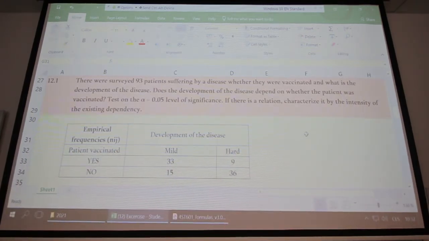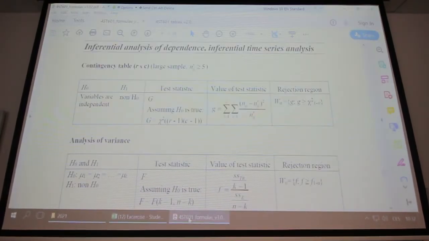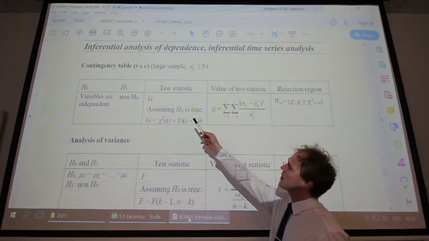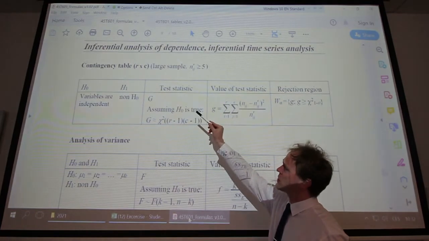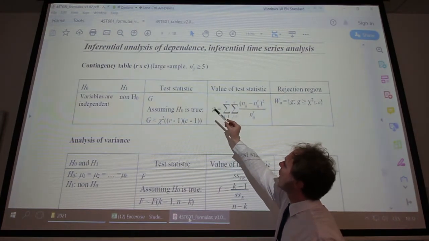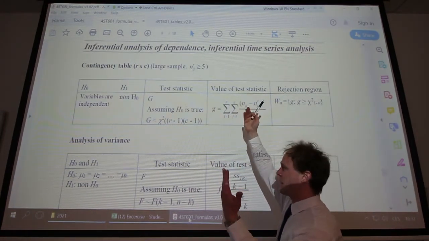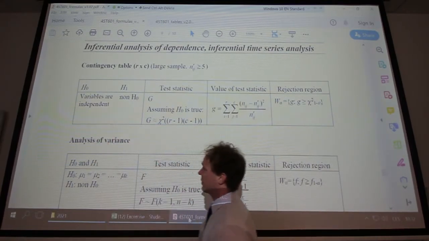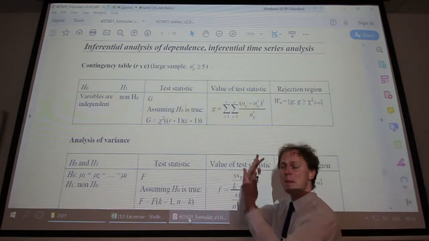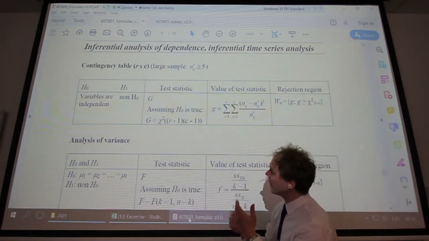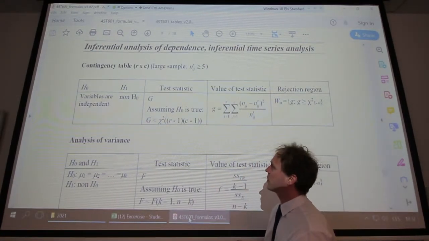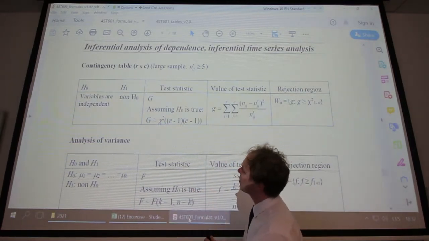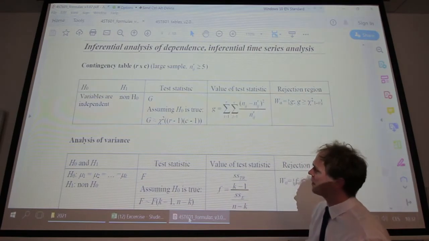Where is our hypothesis? In the formulas you can find this contingency table, rows times columns, large sample, and our null hypothesis: the variables are independent, so there is independence in the table. The alternative hypothesis: there is dependence, the variables are dependent.